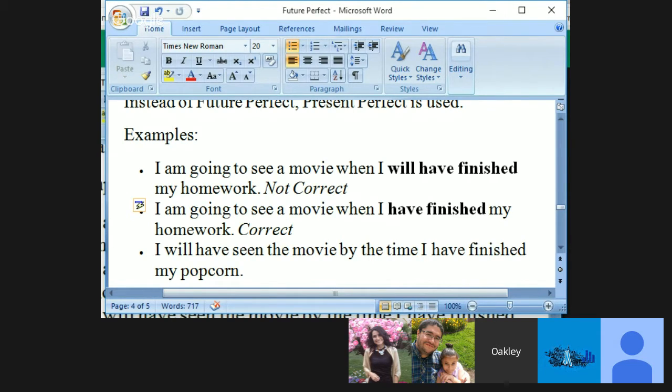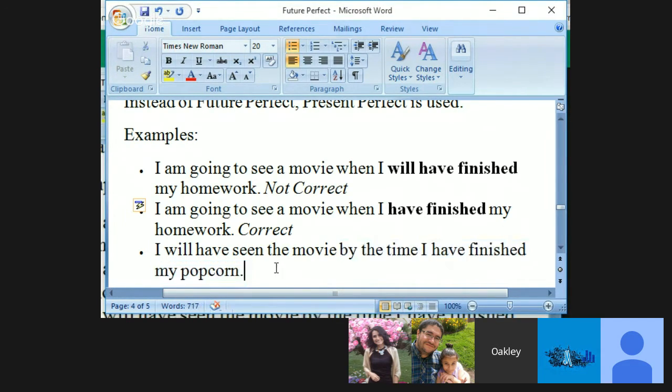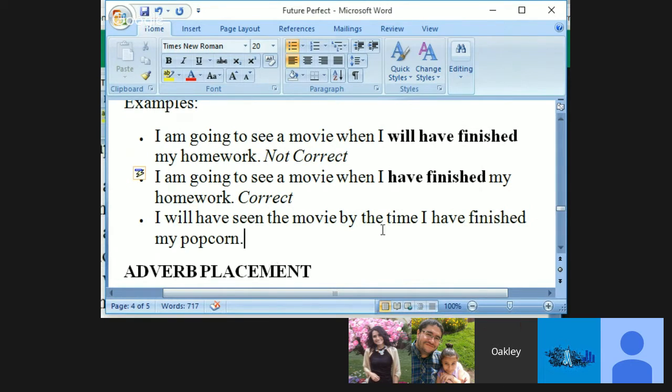So is this one clause or two clauses? Two clauses. Yeah, it's a complex sentence: one independent clause and one dependent clause. So the dependent clause starts with "by the time," we have to start with the simple present, right? As you said. Yeah, well, it's just not necessary.